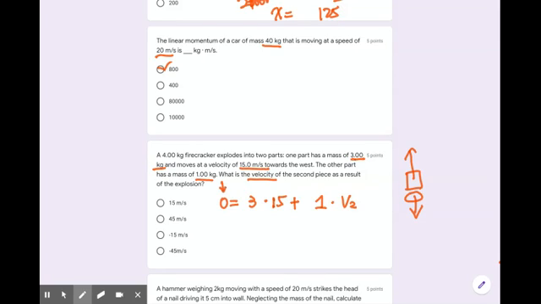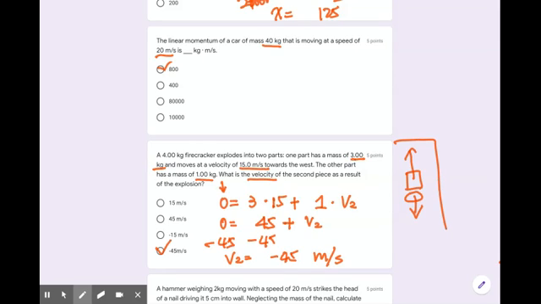Momentum before they explode and after they explode should be conserved. So 0 equals 45 plus 1 times v2. Subtract 45 from both sides, so v2 should be negative 45 meters per second. If you know common sense, once you get 45, it should be in the opposite direction, so it should have a negative sign. This is a positive sign, okay?